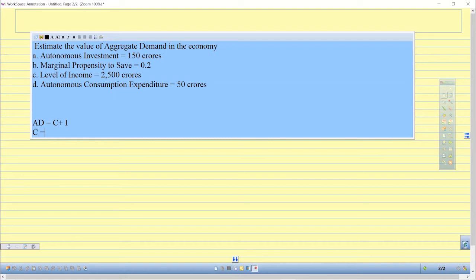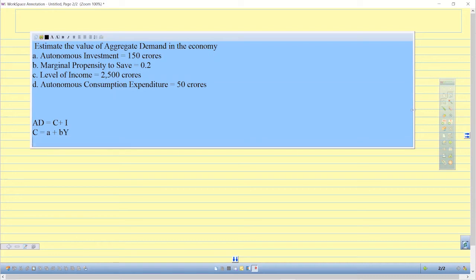The equation for C, consumption expenditure, is A plus BY, and investment is said to be autonomous in nature. First you have to find out the consumption function, that is, everything which is required in this equation, whether it is given or not.